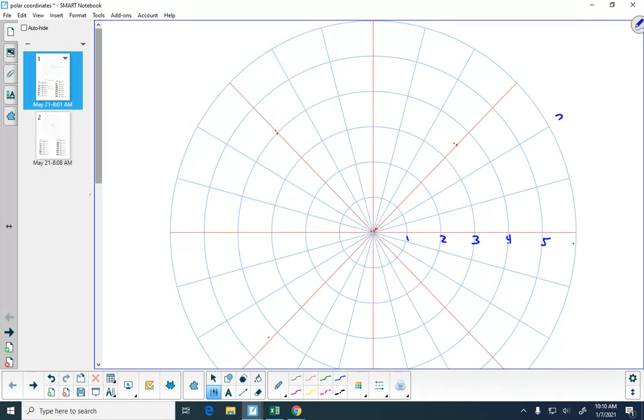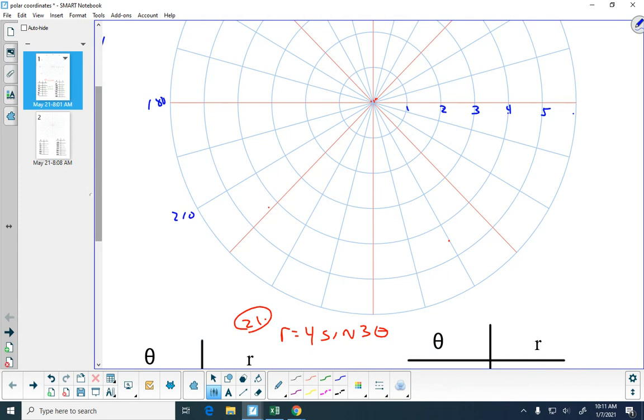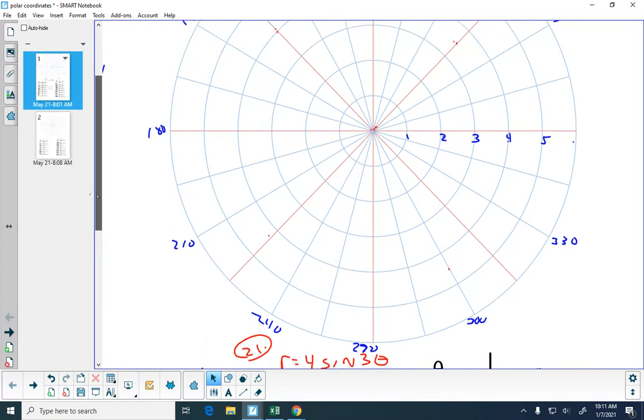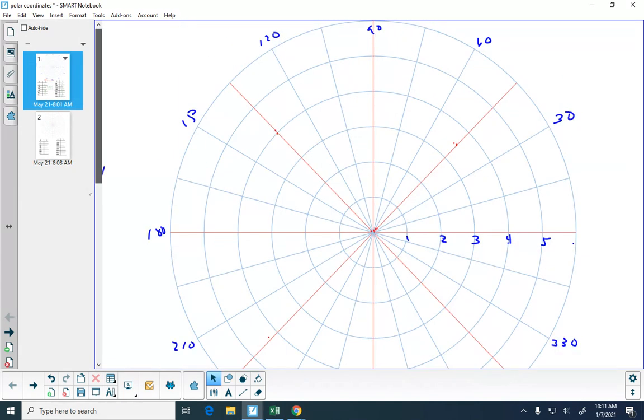So if we go around, we have 30, 60, 90, 120, 150, 180, 210, 240, 270, 300, and 330. I know we didn't use these angle measures, but we're going to need them because we're going to have to go out the opposite side. So if I start at 0, I'm at 0.